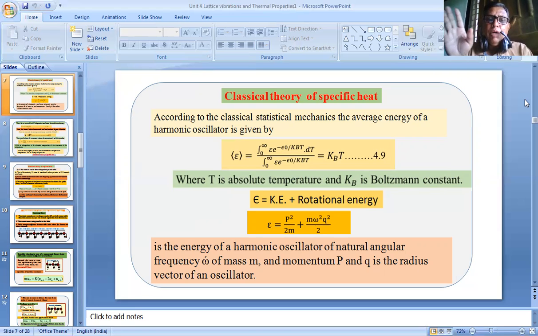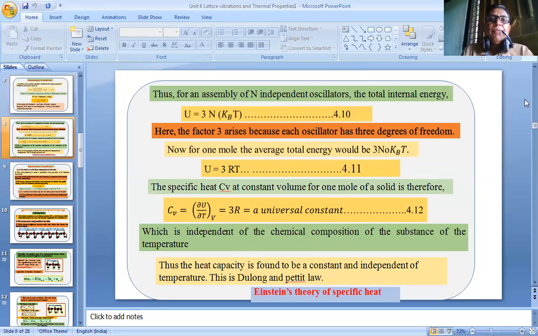This is the energy of a harmonic oscillator of natural angular frequency omega, of mass m, where momentum is denoted by p and q is the radius vector of the oscillator.